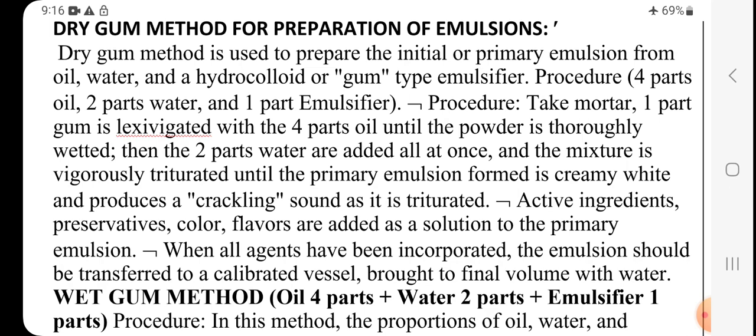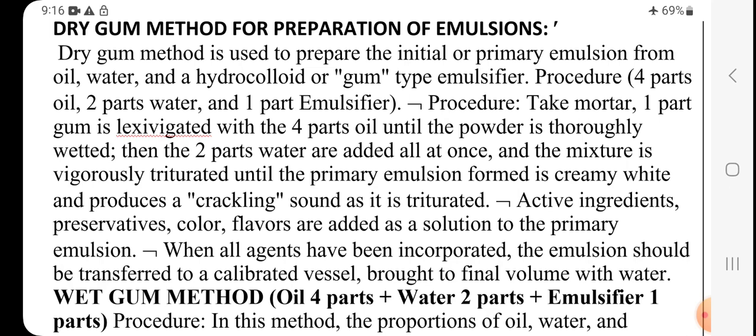Very simple method, that is 4 parts of oil, 2 parts of water, 1 part of the emulsifier. Firstly, in the mortar you have to take the gum, then oil, then after that water, then you have to mix with each other and triturate until the primary emulsion is formed. Primary emulsion is creamy white, and it produces a crackling sound as it is triturated.